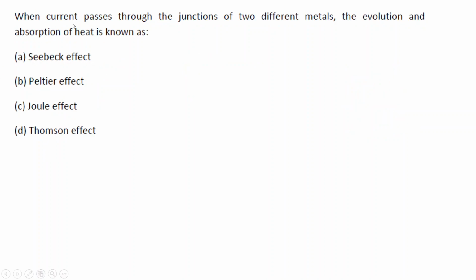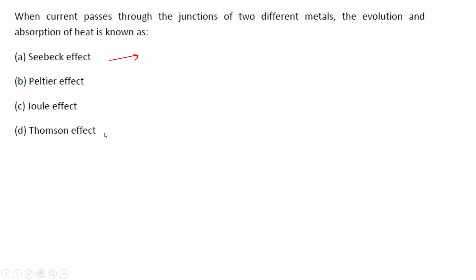Now another: when current passes through junctions of two different metals, the evolution and absorption of heat is known as what? So the Seebeck effect, we know, is that if there is a temperature difference between the junction of two different metals, then it leads to a voltage difference. Joule effect is something else.